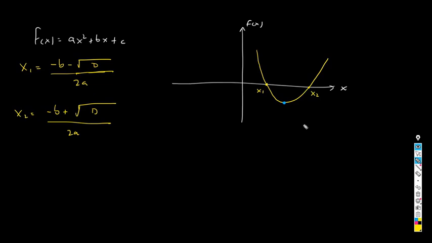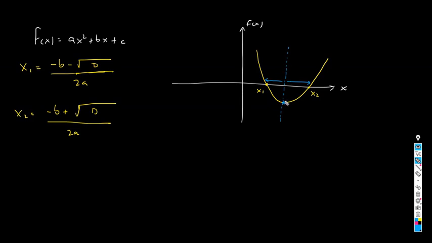Now, the question here is this: how can we find the vertex? Since the parabola is symmetrical with respect to the vertex, we expect this distance and this distance to be the same, right? Even though I didn't draw it very well, you know what I mean.